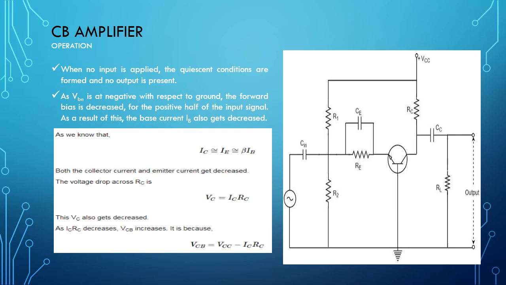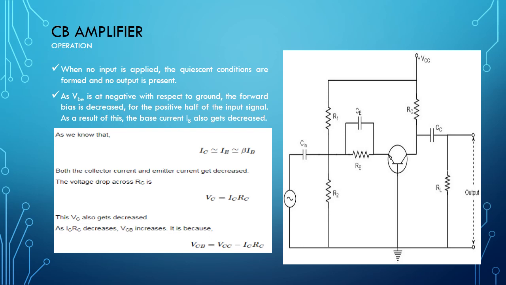So when the positive going signal is at the input, it produces a positive going output, and similarly negative going input produces a negative going output. So there is no phase shift between the input and output in a common base amplifier.